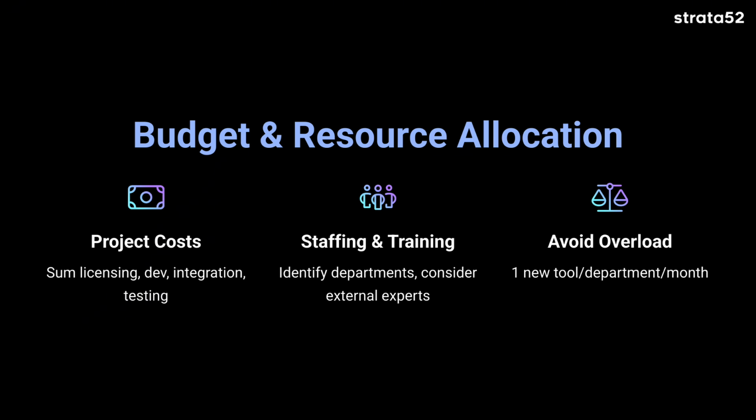Now, the next item to review is any staffing and training. You want to identify which teams, like IT, finance, or compliance, need to be involved in any staffing or training for each AI tool's rollout. If a solution demands any custom AI expertise, you might want to consider using an external data scientist who specializes in the build out of this tool.